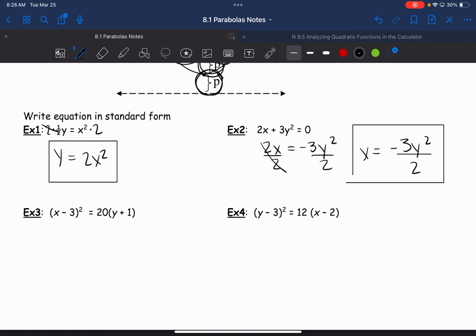So again, we're just trying to solve for the variable that does not have the square for examples 3 and 4.